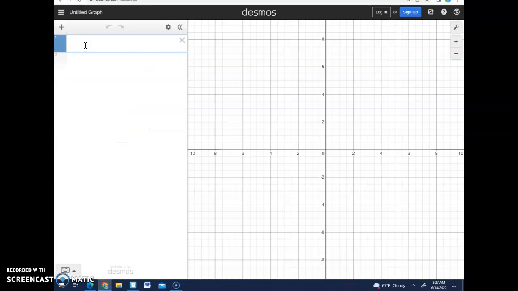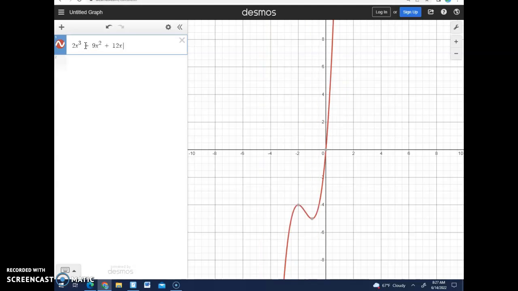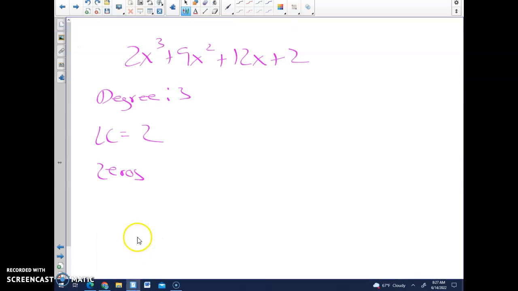Okay, so we're going to put the equation in our calculator: 2x cubed plus 9x squared plus 12x plus 2. And you notice there's only one spot it crosses the x-axis. So that means there's going to be one real zero. There would be 3 zeros, but there's only one real zero where it crosses the x-axis.